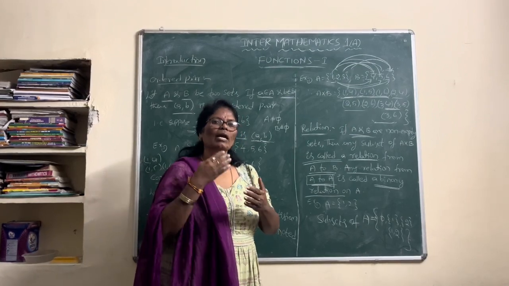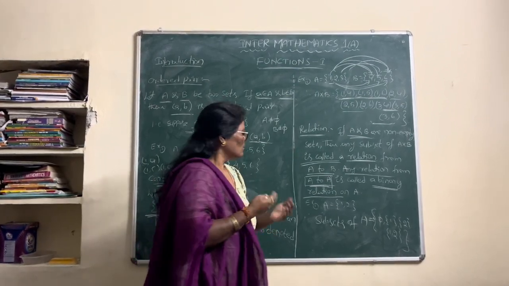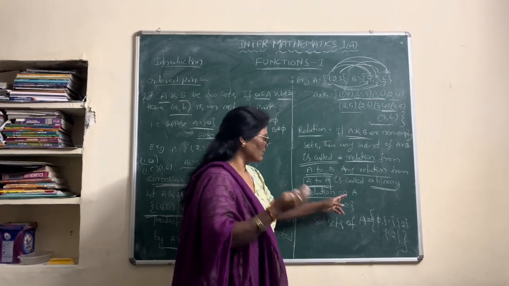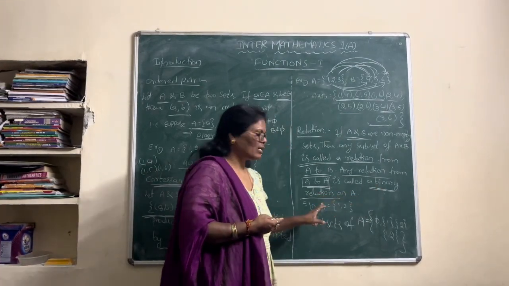Suppose you take B, B to B only, then that relation is called a binary relation.